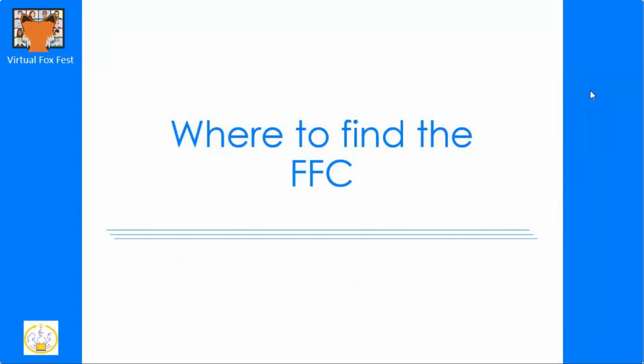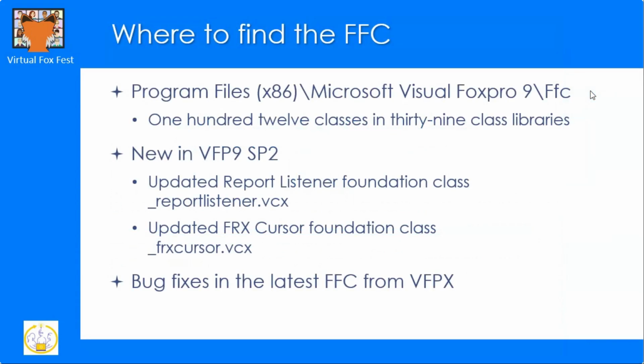So where do we find the FoxPro Foundation classes? They are installed in your program files folder, Microsoft VFP9, in the FFC folder. For some reason in the file system, that folder is named capital F, lowercase fc. I always capitalize the whole thing whenever I'm talking about it in my slides, and I'll continue to do that.